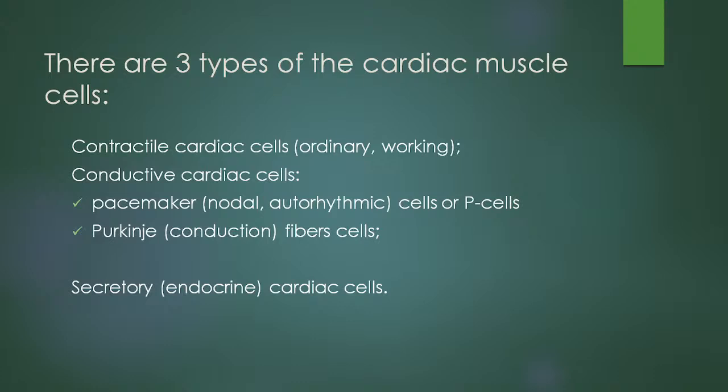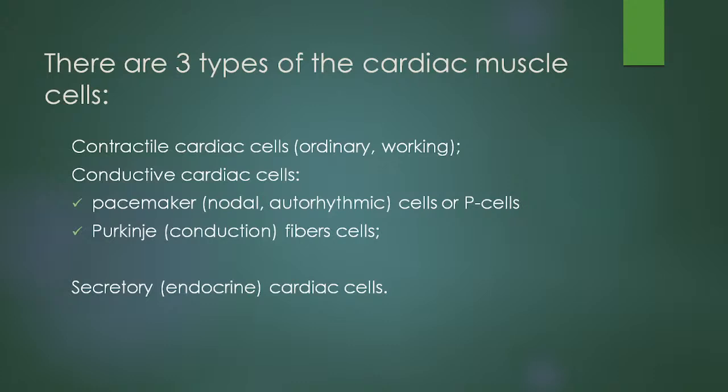Conductive cardiac cells have the ability to generate and conduct electrical impulses through an impulse generating and impulse conducting system of the heart. There are two types of conductive cardiac cells.